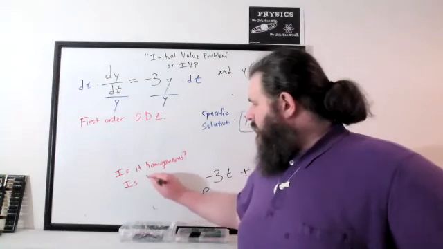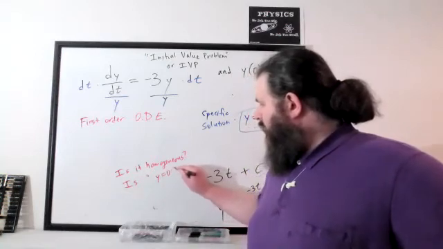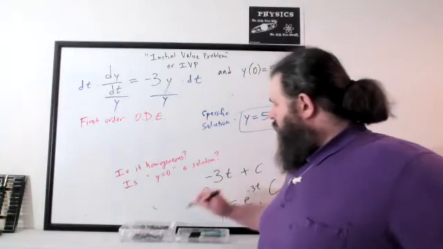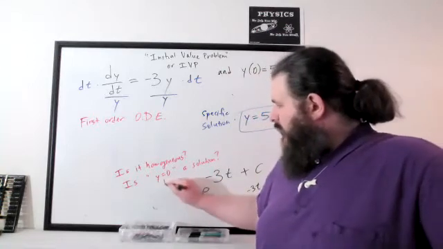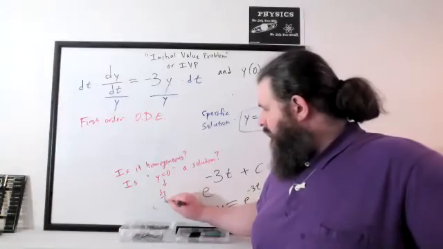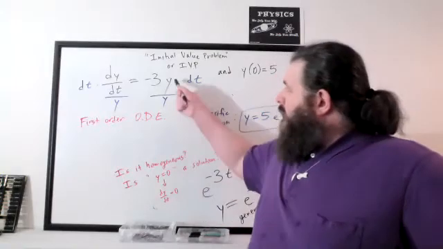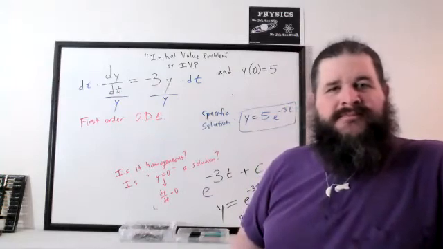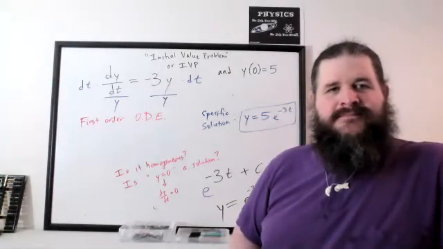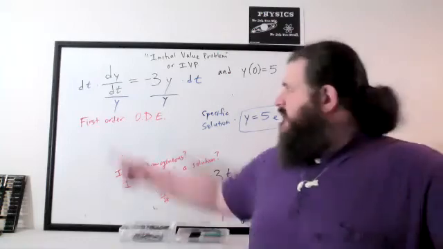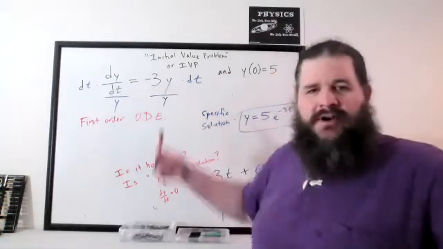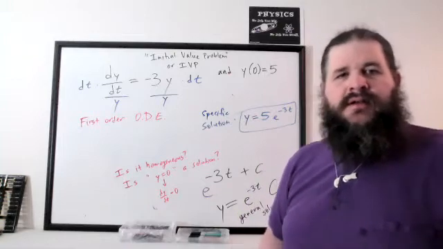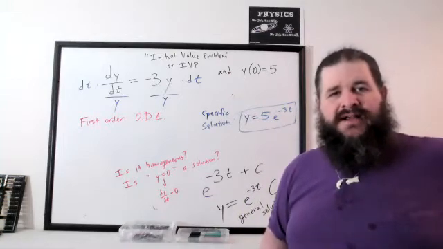So is y equals 0 a solution? If we replace y with 0, and then of course y prime will also be 0. You plug in 0 for y and 0 for y prime, does that make it true? Does 0 equal -3 times 0? Yeah, 0 is a solution. So that suggests, yes, this is homogeneous.